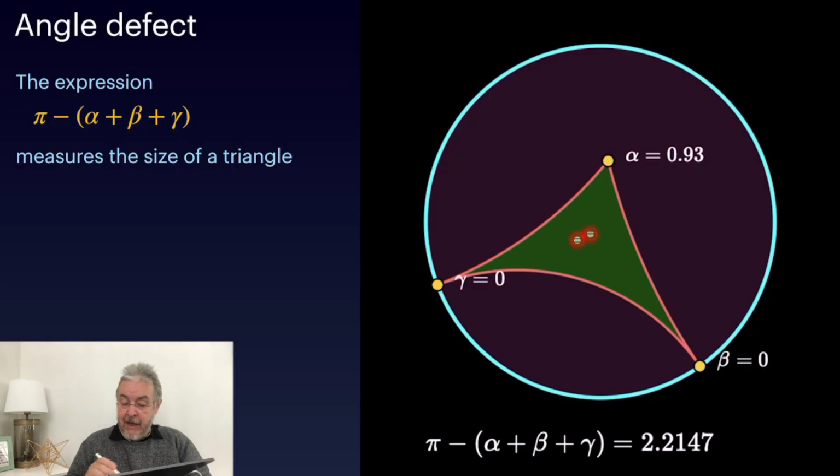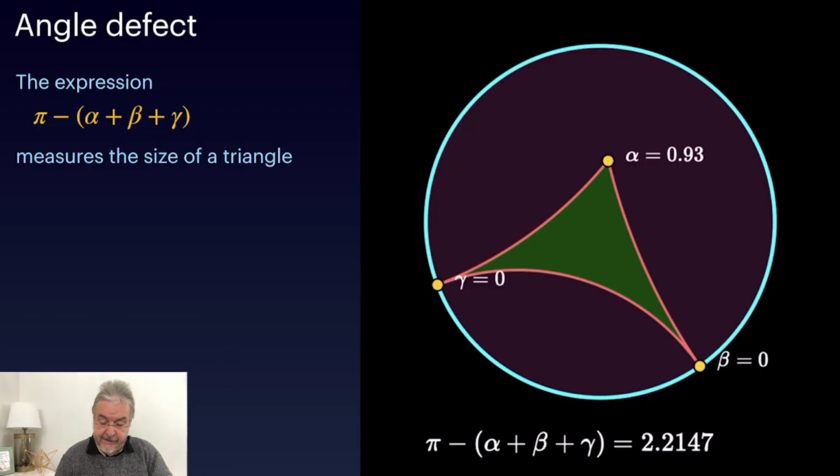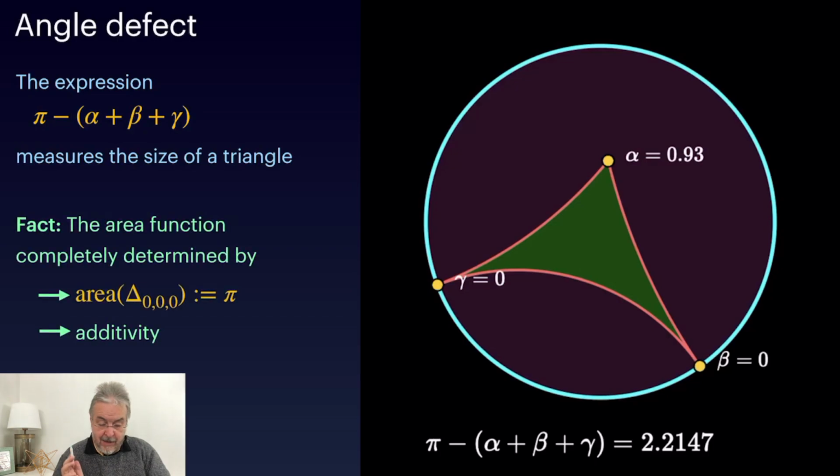So next thing, we take this point here and move it to an arbitrary position, and we want to make a statement about the area of such a triangle. And for that we consider several things now. So what we are heading at is the following thing, that the area function of an arbitrary triangle is completely determined by our behavior of the hyperbolic plane and by the fact that we want to have an area measurement that is additive.